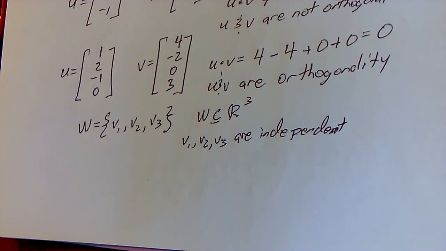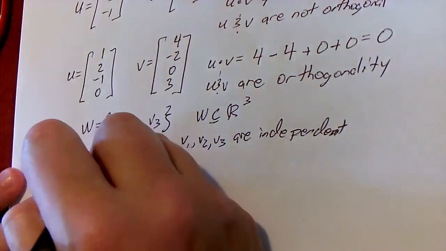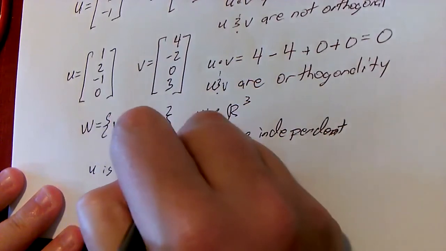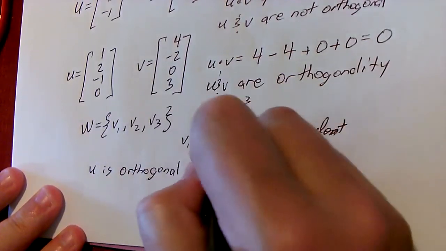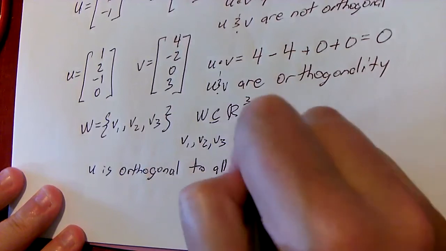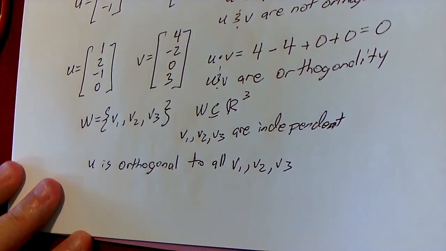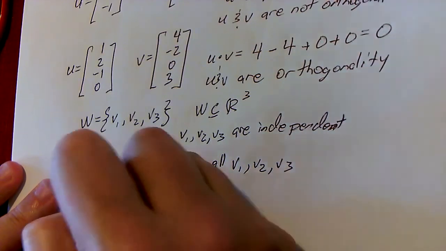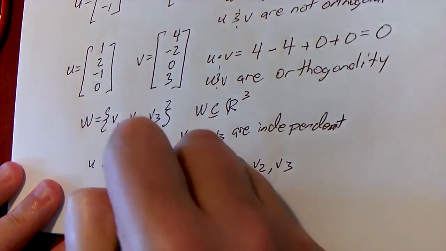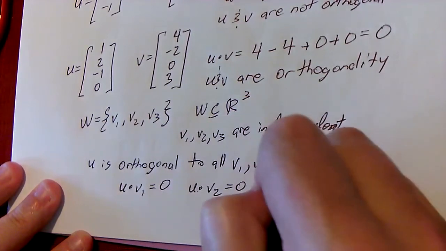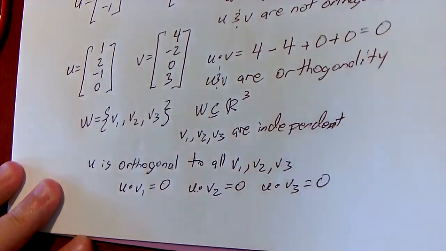So what I want to consider is, what if I have a vector that's orthogonal to all of them? Well, if u is orthogonal to all of v1, v2, and v3, that means u dot v1 is equal to 0, u dot v2 is equal to 0, and u dot v3 is equal to 0.